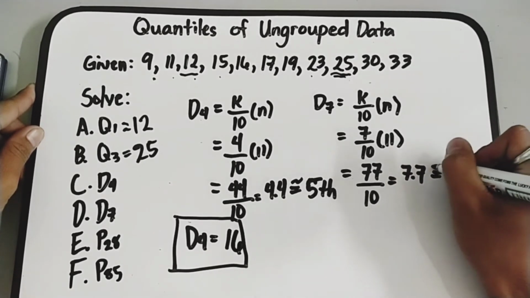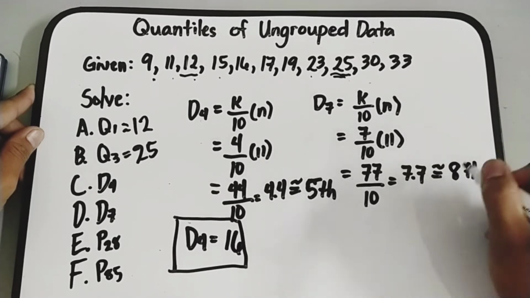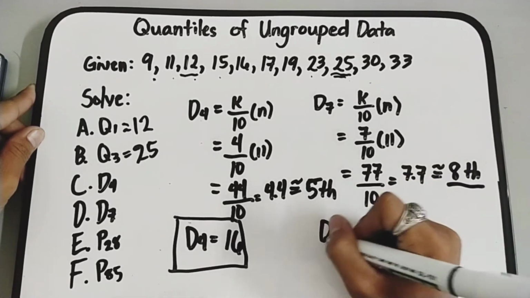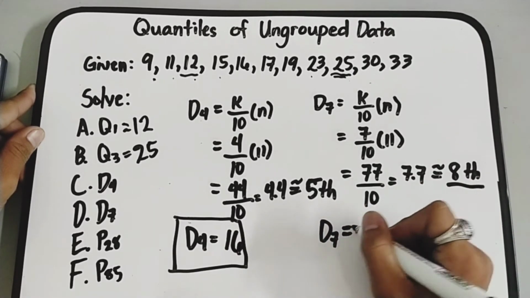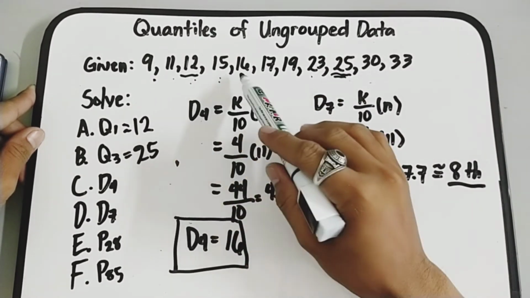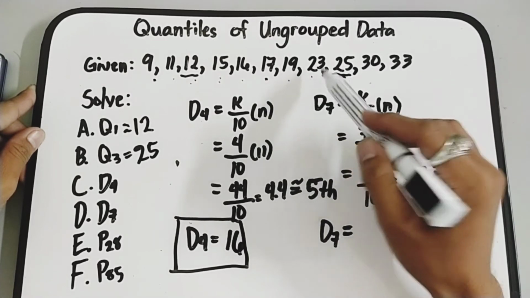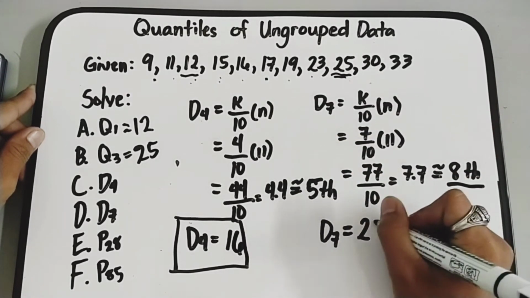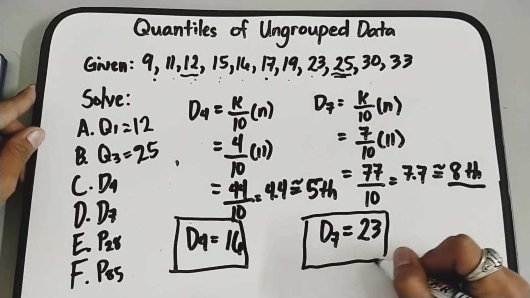That is congruent to 8 or the 8 score. Okay? Ang kukunin natin ay yung pang 8 score para masabi natin na yun yung ating decile 7. So, alin ba dito yung pang 8? 1, 2, 3, 4, 5, 6, 7, 8. Okay? Yan yung decile 7 natin, yung pang 8 score. So, we have 23. That is our decile 7.